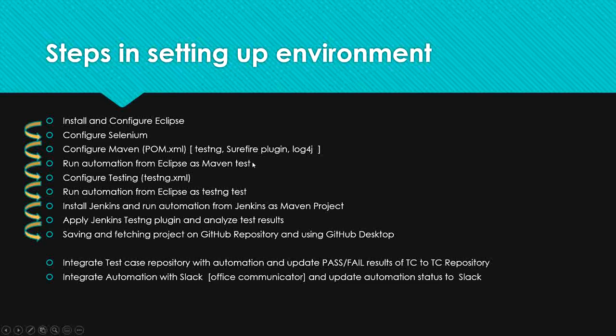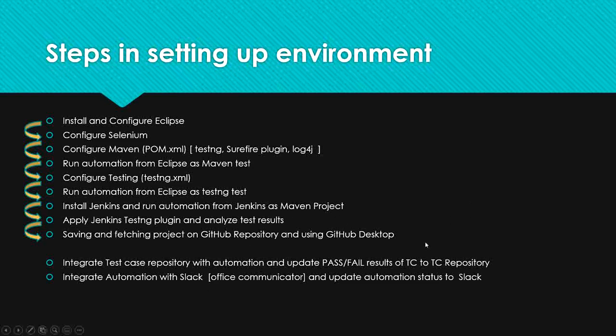After that, we installed TestNG, set up TestNG.xml and ran that project as a TestNG test. Various tests we ran using TestNG, and finally we integrated our project with Jenkins and ran our project as a Jenkins job and analyzed various results.